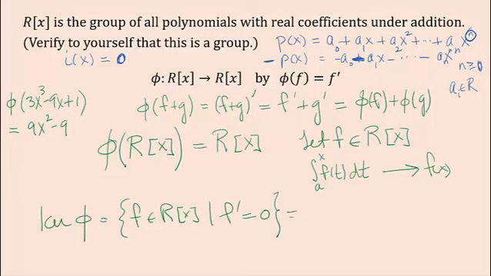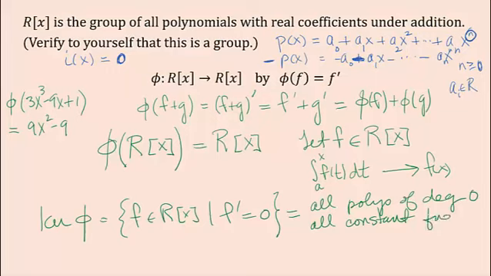And this will be all constant polynomials, all polynomials of degree 0. In other words, all constant functions. Like if f of x is equal to 6, f prime of x is equal to 0. So that is the kernel, and we found that phi is onto.